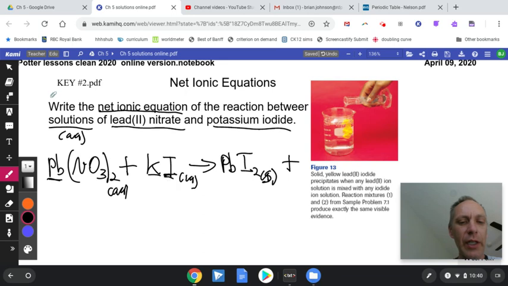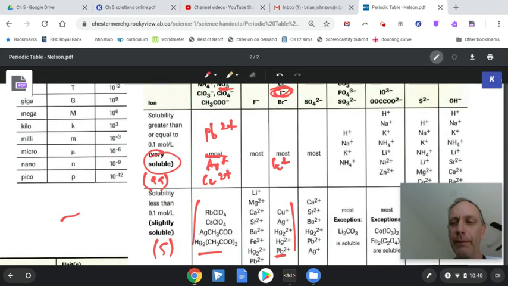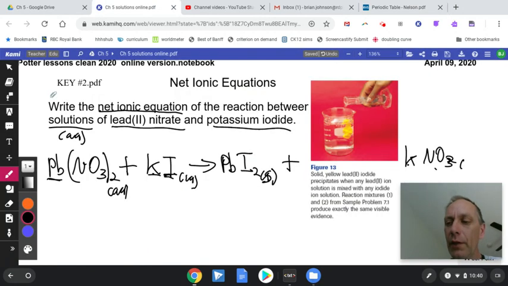Pb with the I, K with the NO3. KNO3, plus 1, minus 1. Solubility: NO3 minus, K plus is not there, it's up here, so highly soluble, aqueous. Okay, balanced. 1 lead, 1 lead, 2 nitrate, 2 nitrate, 2 K, 2 K, 2 I, 2 I.